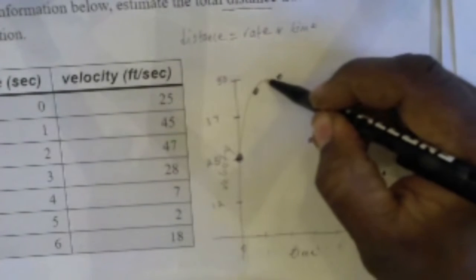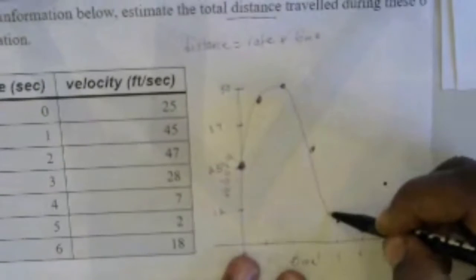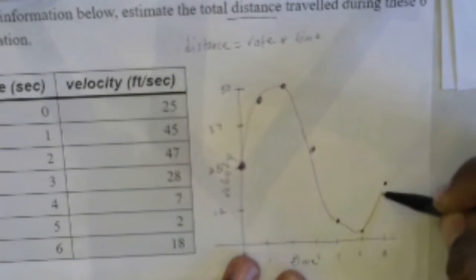Okay, so the graph looks basically something like this. All right, so here again, this is just a rough sketch.